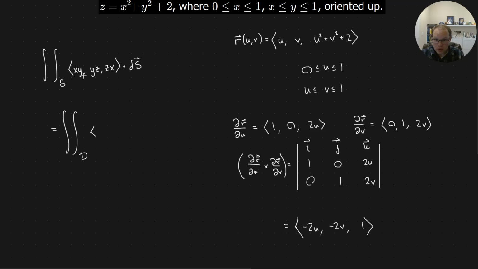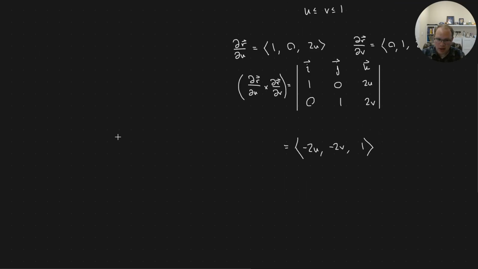So xy is uv, comma v, which is yz. So that will be v times z, which is u squared plus v squared plus 2. And then zx, you know what? I'm not going to have enough room here. Let's take this and move it down so we have some more room.